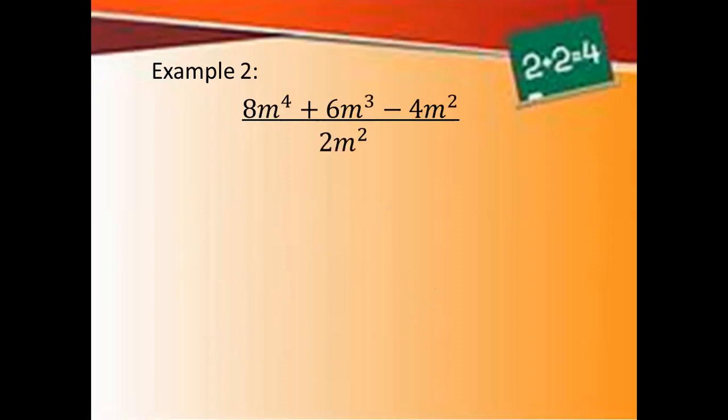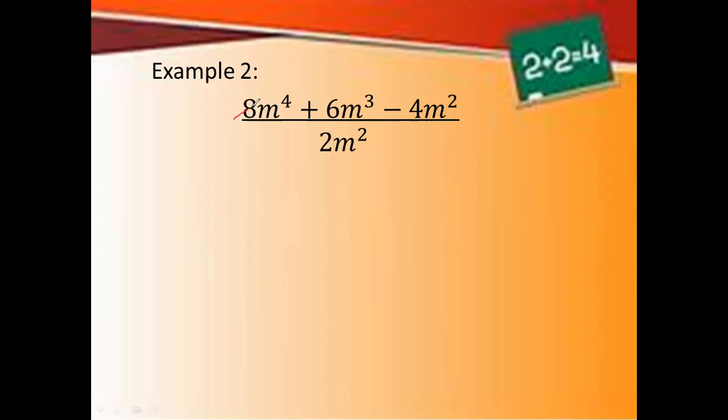8m to the power of 4 plus 6m to the power of 3 minus 4m to the power of 2 divided by 2m squared, or power of 2. All right, so by just looking at it, you can simply divide, right?